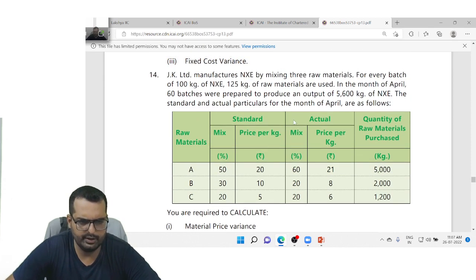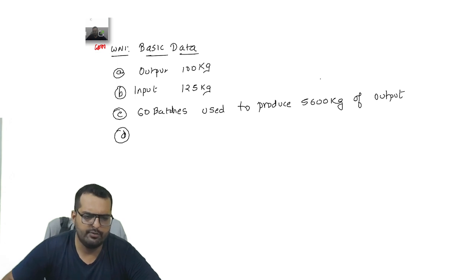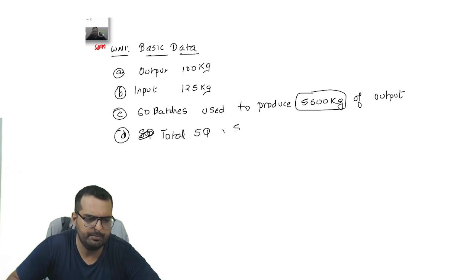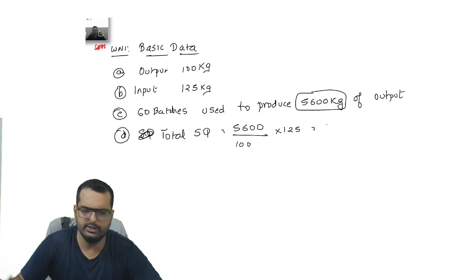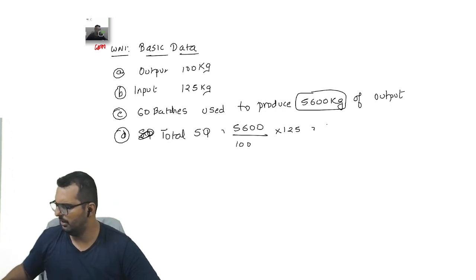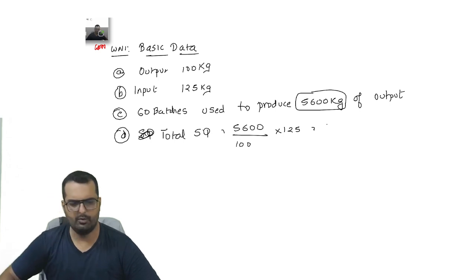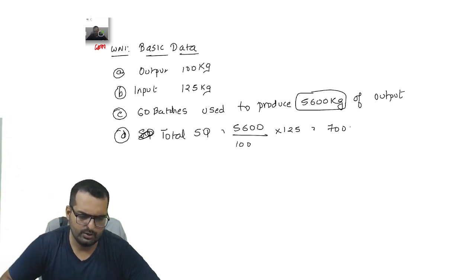They have told over here, friends, hold on. From this 5600 kg is the actual output. SQ is based on what? Actual output. So total SQ will be 5600. We know that for every 100 kg of output, 125 kg of input is required, correct? So what is the answer you get over here? Do you get the answer as 7000 kg?